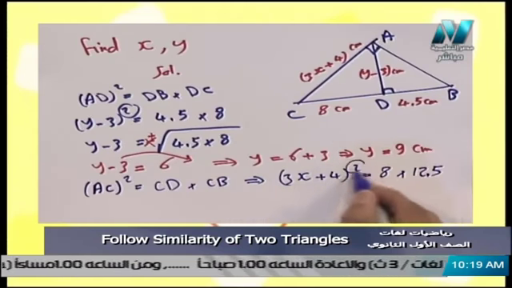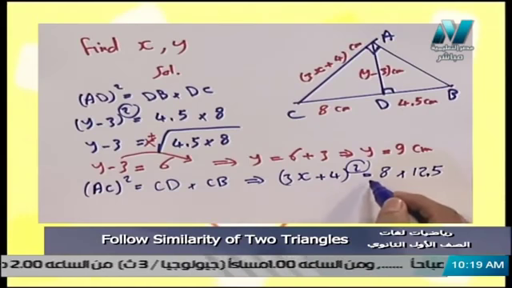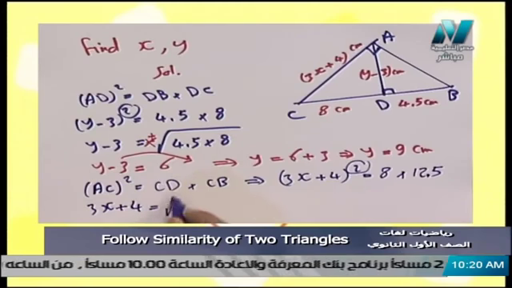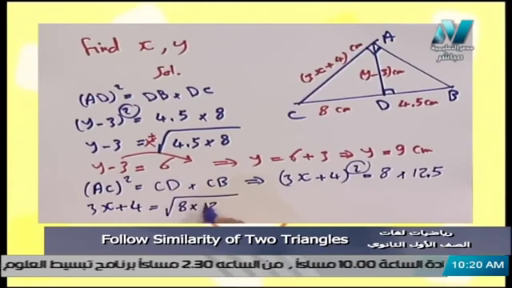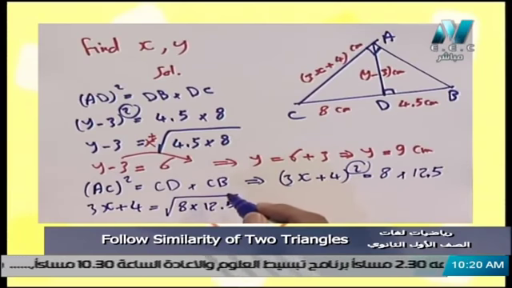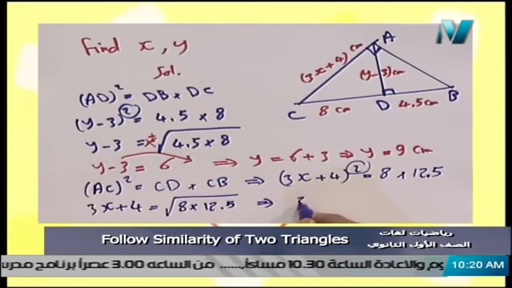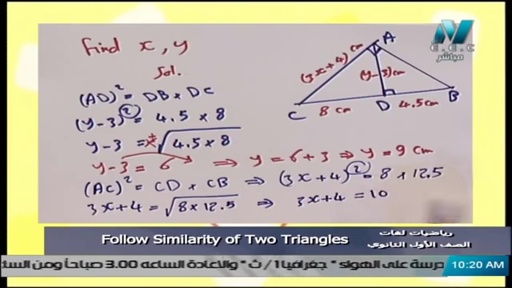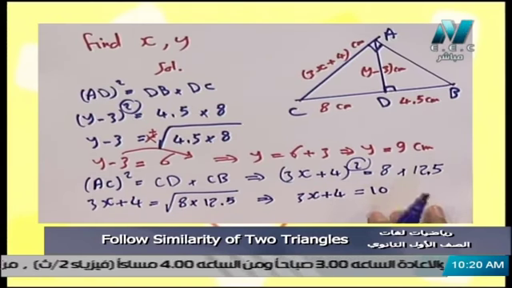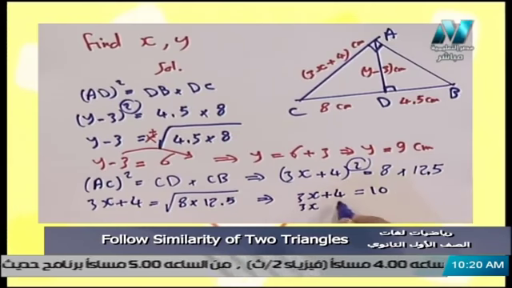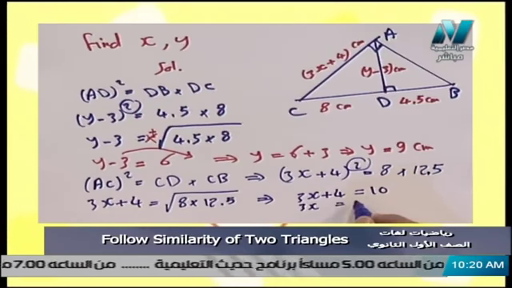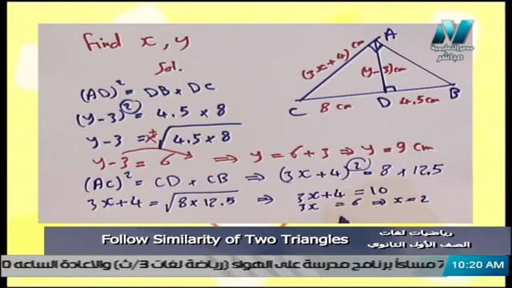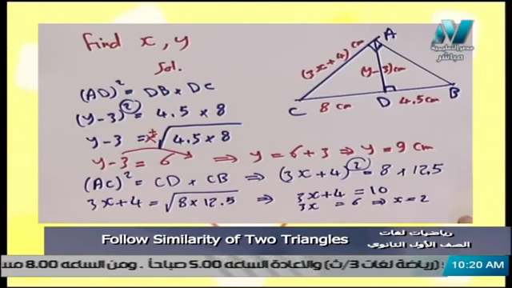And we will cancel the power 2 by taking the square root as in the previous example. 3x plus 4 equals the square root of 8 multiplied by 12.5, and 3x plus 4 will equal 10. We continue solving this equation. 3x equals 10 minus 4 equals 6, and x equals 6 divided by 3 equals 2. So x here equals 2.